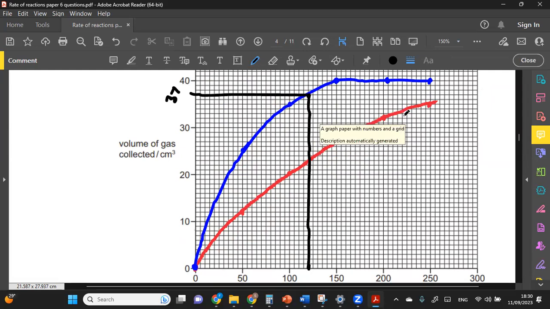The red line is experiment number 1. It's going to be continuous, right?